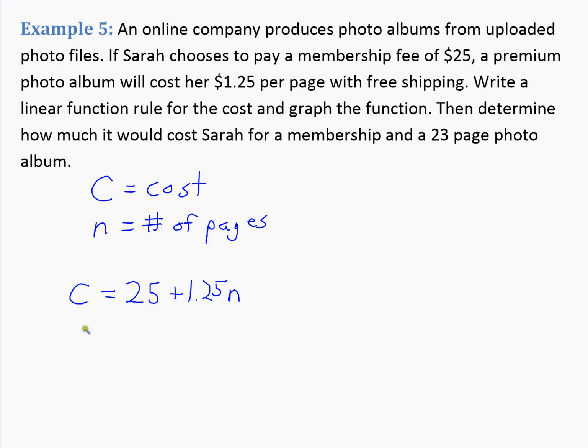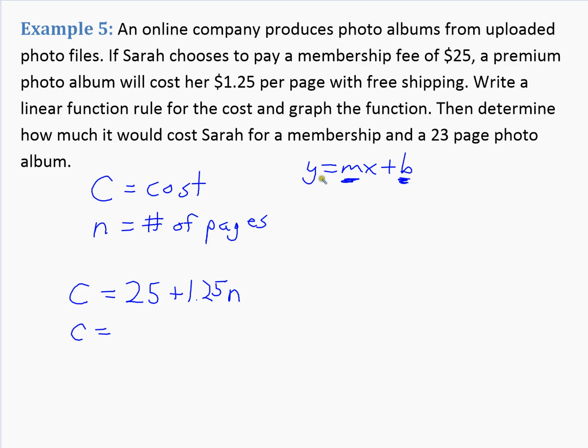I'm going to go ahead and rewrite this a little bit differently so it looks like a linear equation, because linear equations are in y equals mx plus b form, where this number is our slope, and this number will go in our y-intercept.